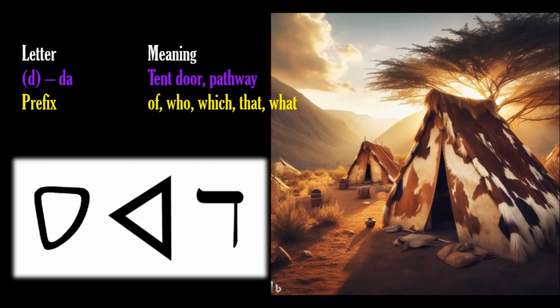So when you see words that have da and a little apostrophe above it, or you may see d and a little apostrophe after it, that particular representation may mean one of the following. It may mean of, who, which, that, or what, depending on the context in which it is used.